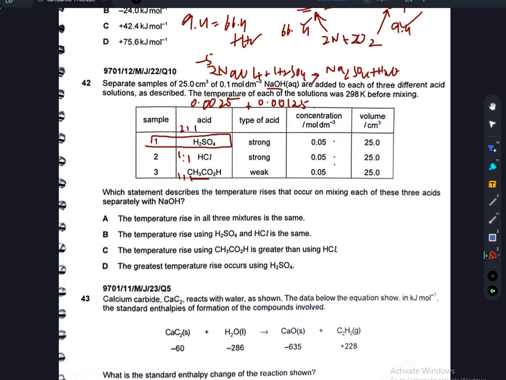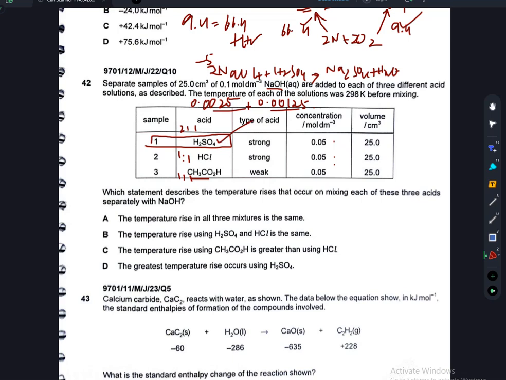Done. So this would be a complete titration reaction.